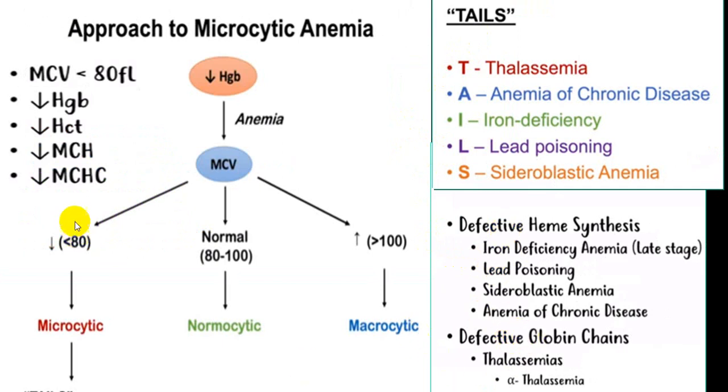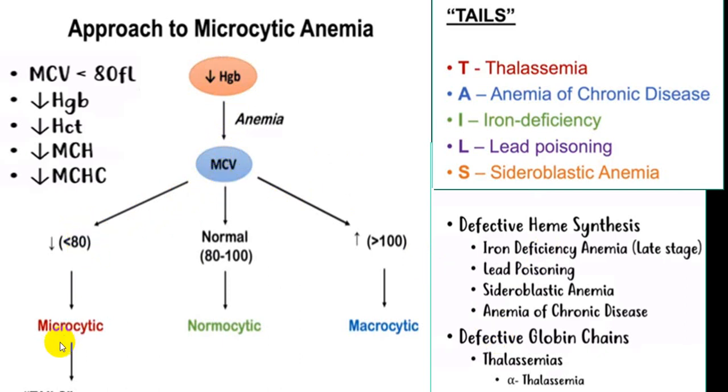We have already told you that any condition which results in defective hemoglobin formation or decrease in hemoglobin synthesis, which may be because of heme or maybe because of globin synthesis, will end up in the microcytic group. We can divide into three depending upon the MCV value.